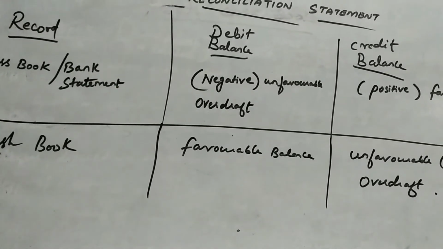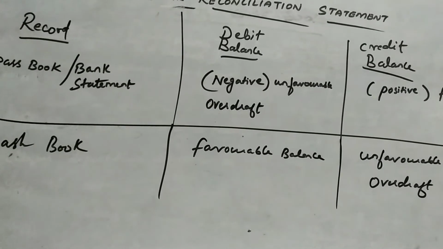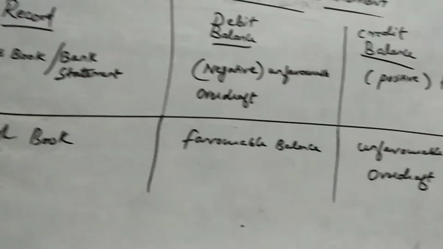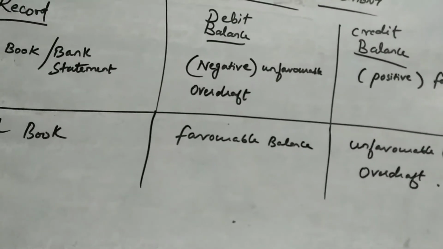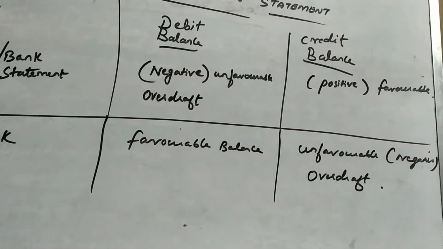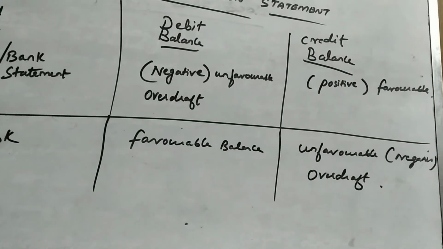You call that overdraft. So in case of a passbook or a bank statement, debit balance is an unfavorable balance, which you call overdraft. Whereas credit balance, which means positive, is a favorable balance.